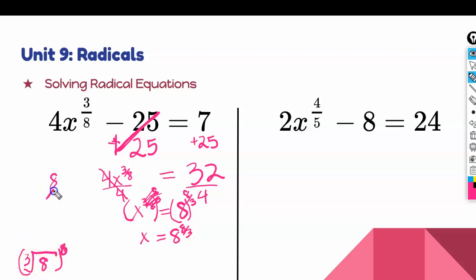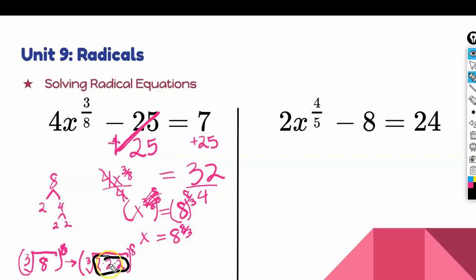Right, so 8 is 2 times 4. 4 is 2 times 2. So really, this is the cube root of 2 times 2 times 2. And if you recall our little jailbreak analogy, a cube root, to get simplified, for this stuff to come out, needs 3 friends to get out of jail.